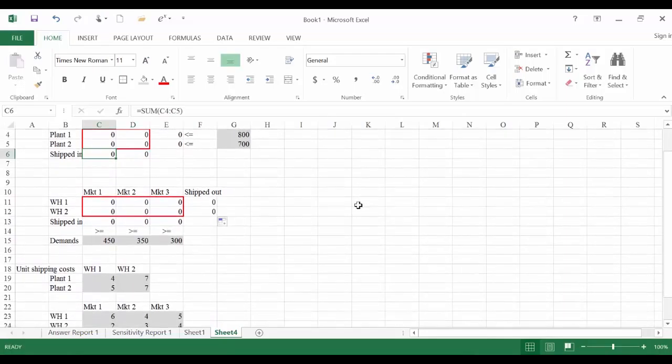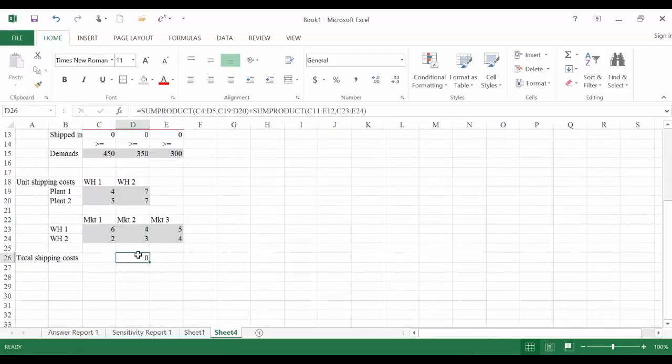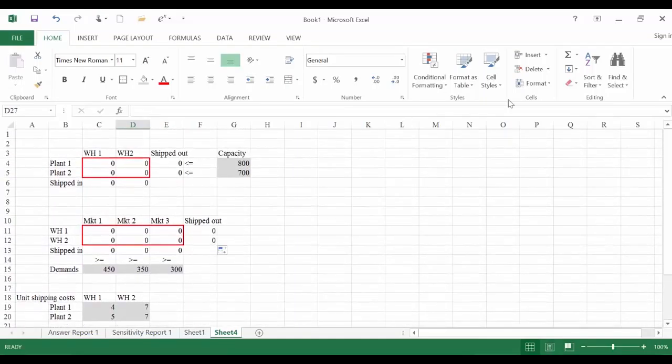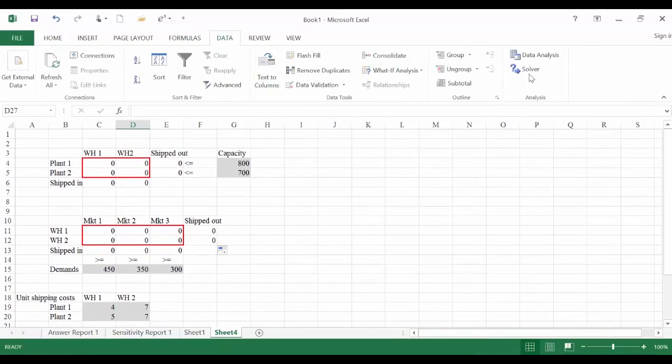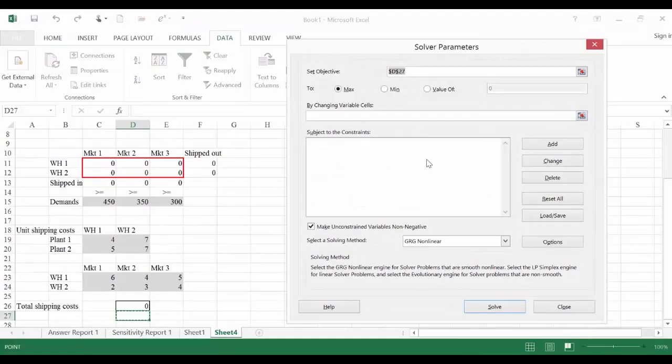Okay, now let's come to the modeling case here. We open Solver.